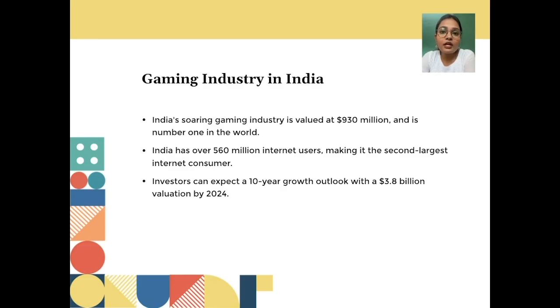India's soaring game industry is valued at $930 million and is number 1 in the world. India has 560 million internet users, making it the second largest internet consumer.